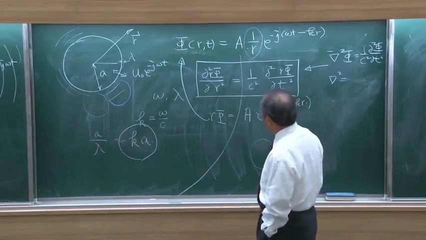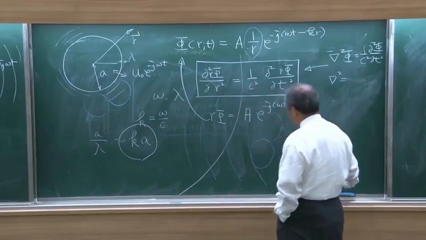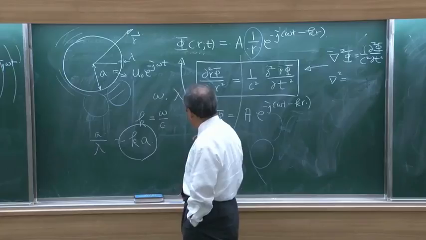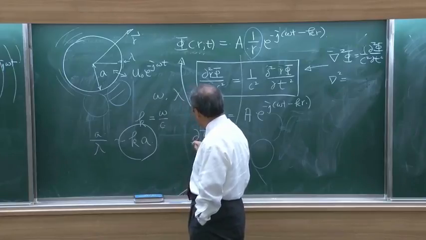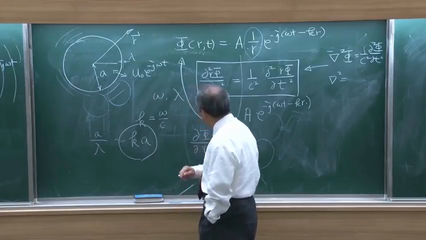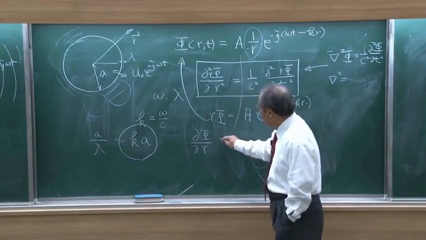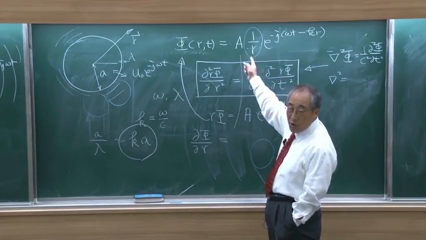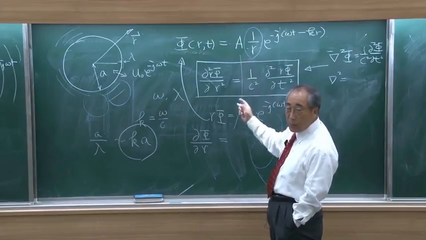and taking a derivative with respect to space, I can get the velocity, d phi dr. So let's take a derivative of this solution with respect to r.